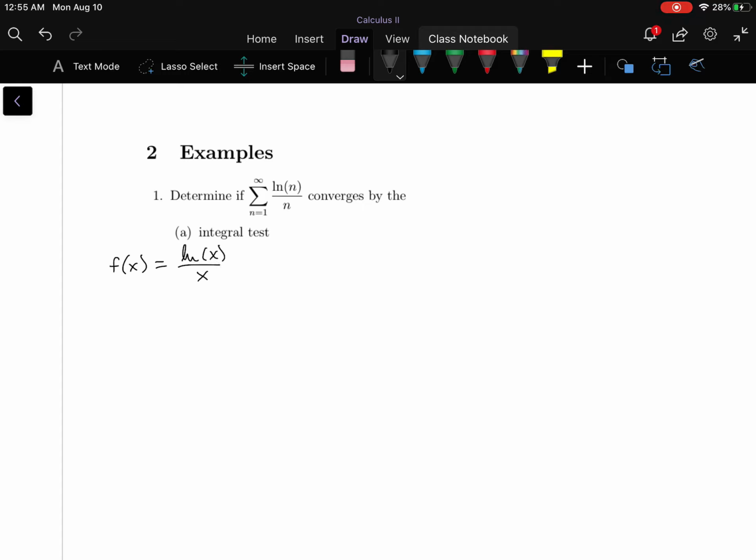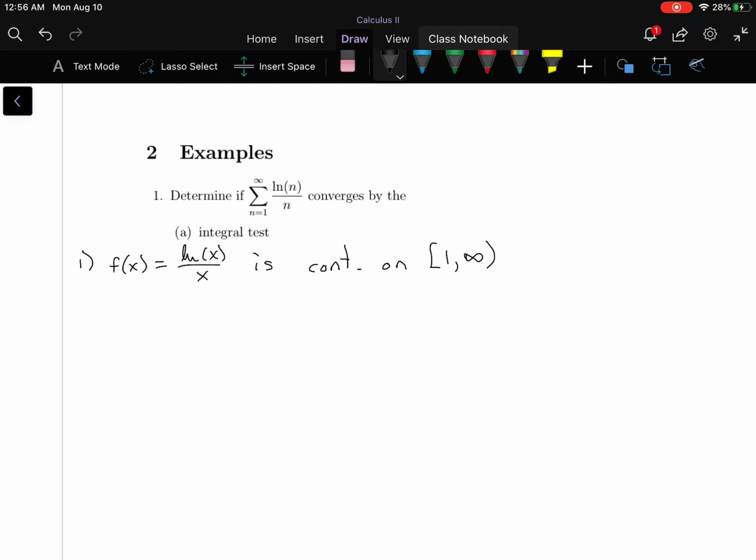and it is continuous for 1 and larger. Now, it is actually continuous above 0, not including 0, but since x corresponds to n and n is a counter, usually starting at 1, typically the interval you're looking for is where you're starting at 1 or a larger integer.